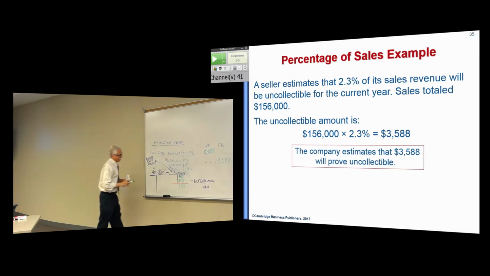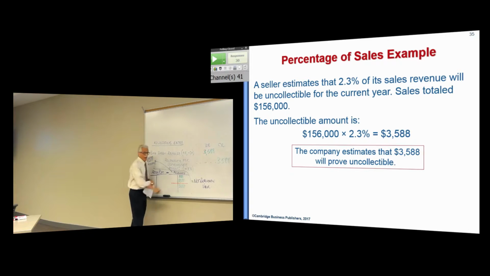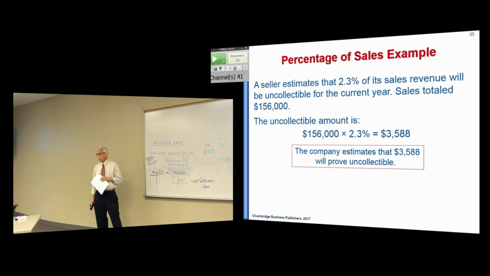Another example. What would happen if I had a debit balance in there? That entry doesn't change. What is on the balance sheet does not affect the adjusting entry.